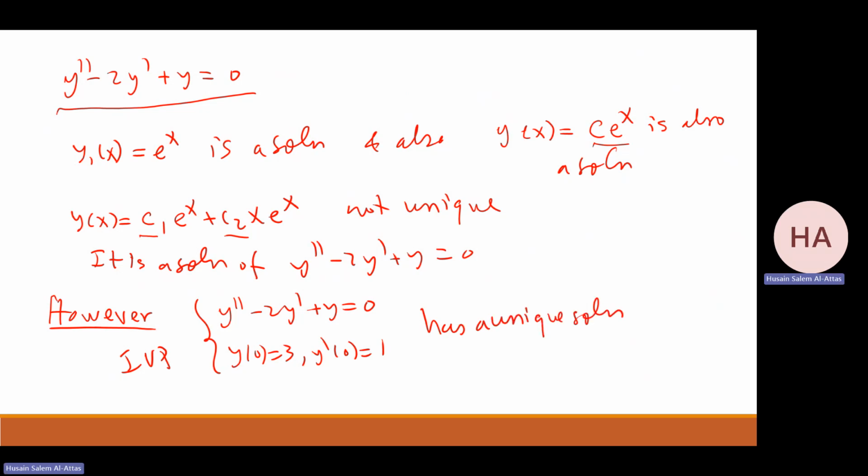So for the differential equation itself, we cannot talk about a unique solution, because usually we have infinitely many solutions. But when we combine it with initial conditions, then there is a possibility to have a unique solution, if the conditions are satisfied. What was the unique solution? 3e to the power x minus 2x e to the power x when I combine them.